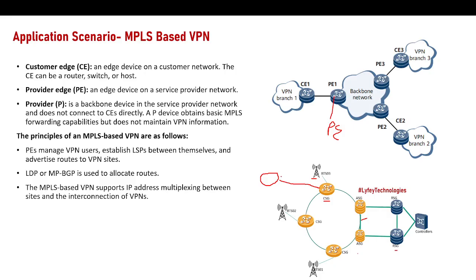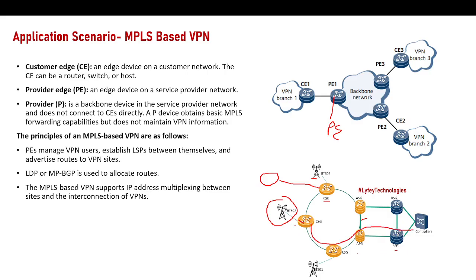But if you look at this setup, when this BTS is connected to this CSG, the traffic will be forwarded along this path from this CSG to this RSG.